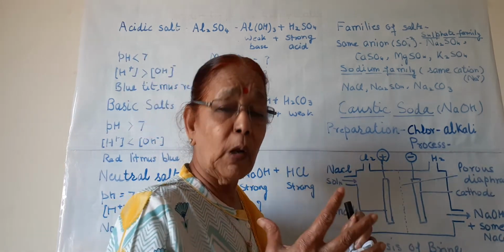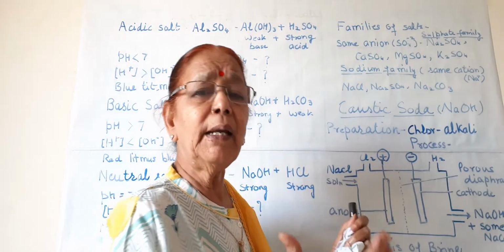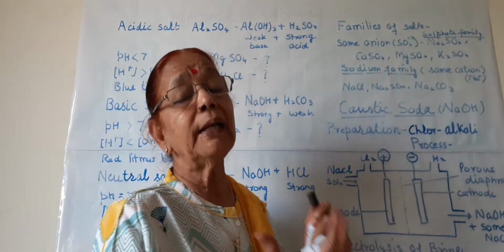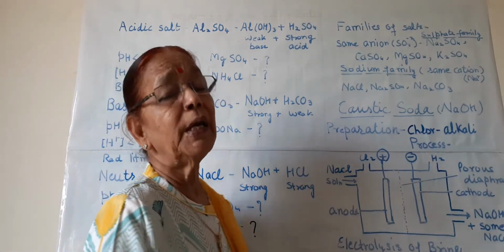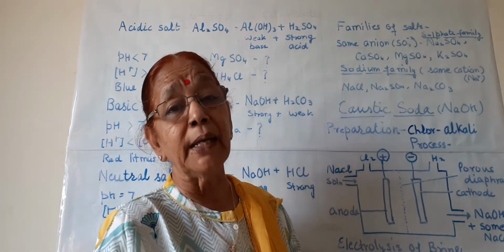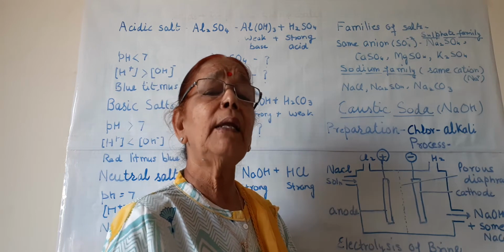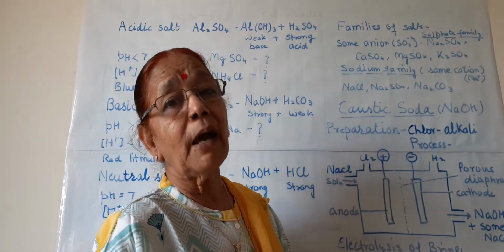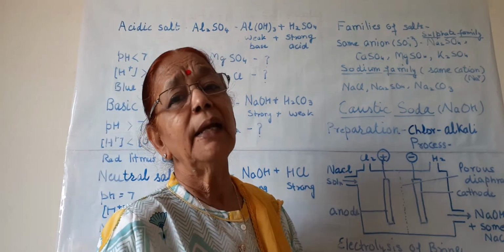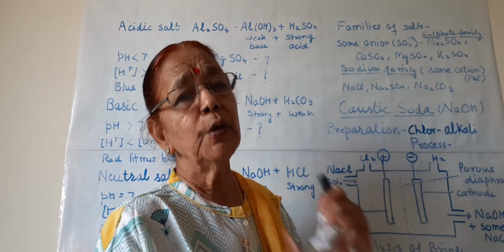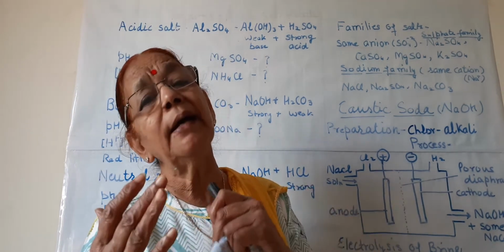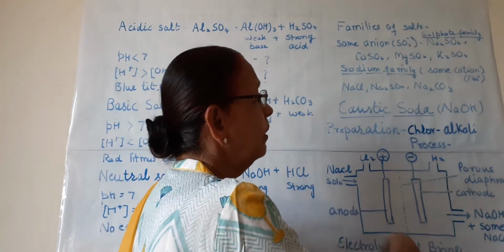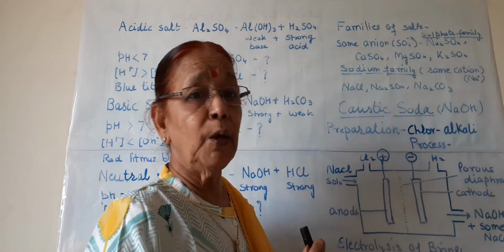When this normal table salt, NaCl, is dissolved in very little water and a concentrated solution is formed, it is known as brine. As it is an aqueous solution, the ions are formed: NaCl dissociates into sodium and chloride ions. And this brine is used for the preparation of NaOH.